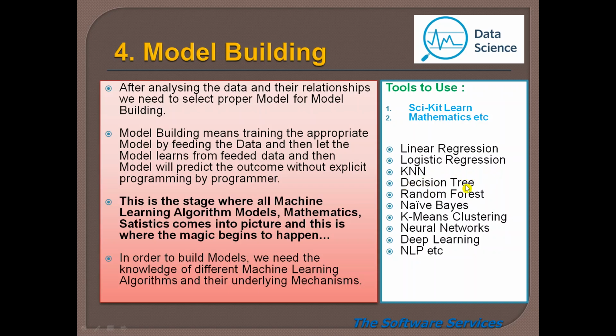Decision tree makes use of tree-like decisions, starting from the root node. It will split at every node, the decision splits will happen.